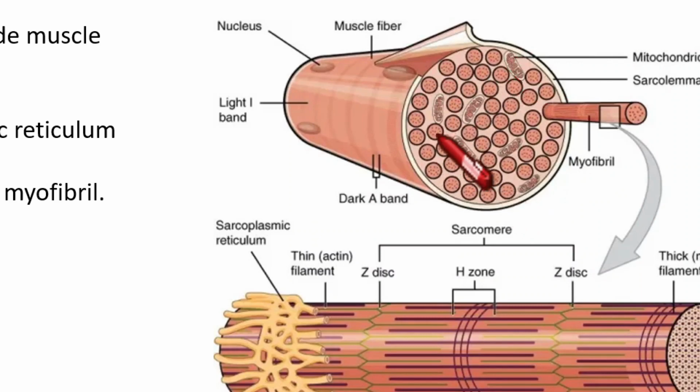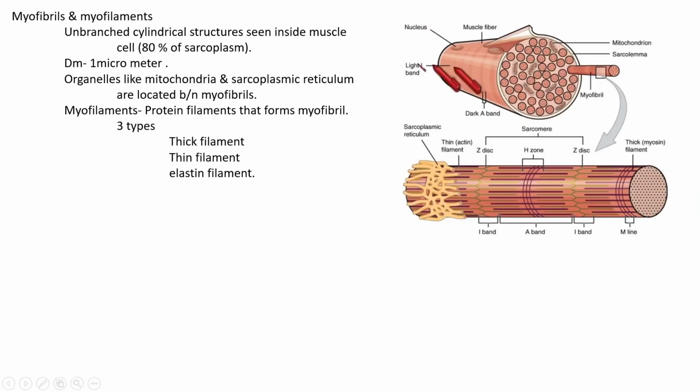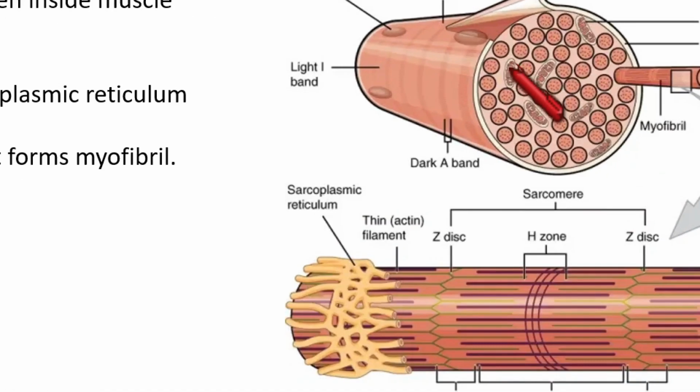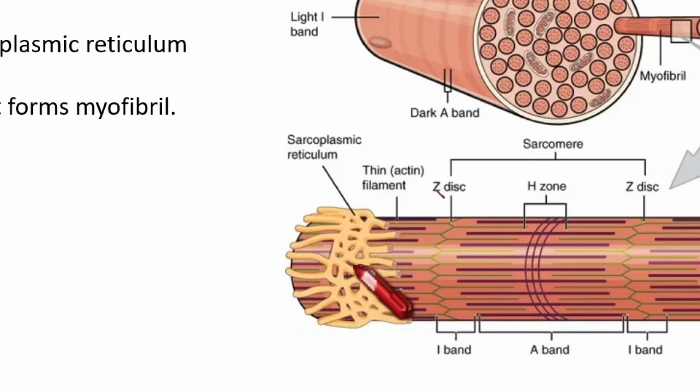They are unbranched cylindrical structures seen inside the muscle cell, and they constitute 80% of the sarcoplasm of the muscle cell. Their diameter is 1 micrometer. Other organelles like mitochondria and sarcoplasmic reticulum are located between these myofibrils, and the sarcoplasmic reticulum is also associated with the myofibril.